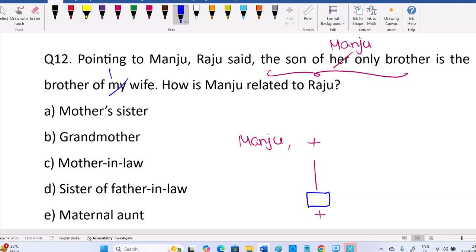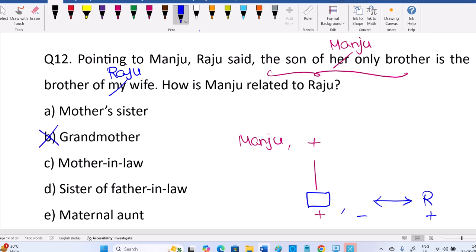My means Raju. So Raju's wife's brother and Manju's brother's son are the same. Now the question is how Manju is related to Raju. Manju is one generation above Raju.